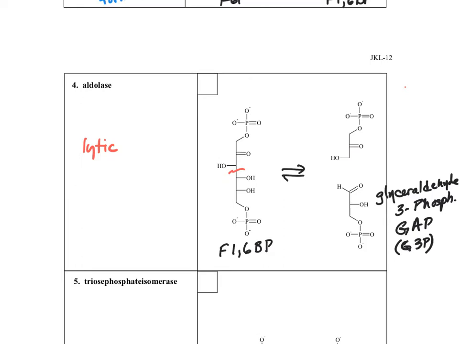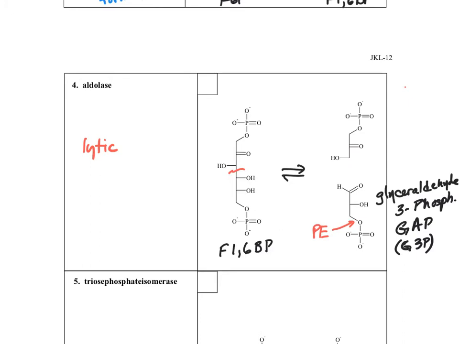And this molecule is a simple triose sugar. It's an aldose, and it has a phosphoester right there. It's the same phosphoester we just put on earlier with the hexokinase right there.